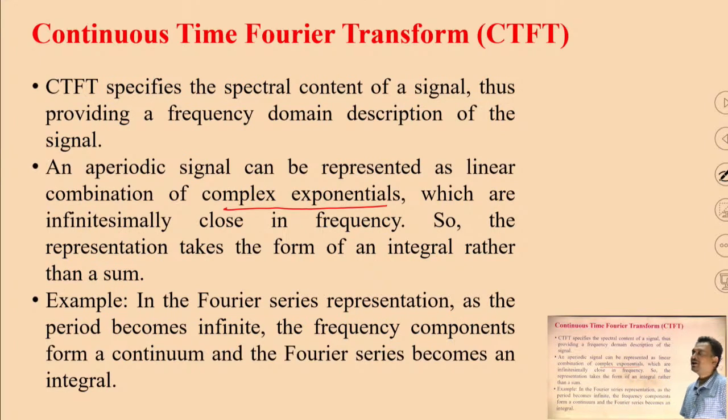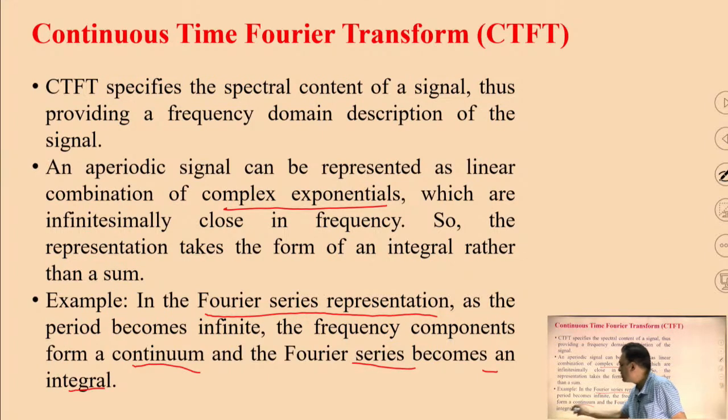When the period is infinity, the frequency components are almost at a distance of 0, so you can observe the frequency as a continuous function rather than a discrete one. As the period becomes infinite, the frequency components form a continuum and the Fourier series becomes an integral. So when we apply the Fourier series to an aperiodic signal, we get the concept of the continuous time Fourier transform.